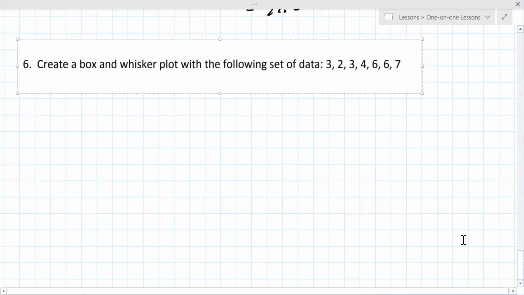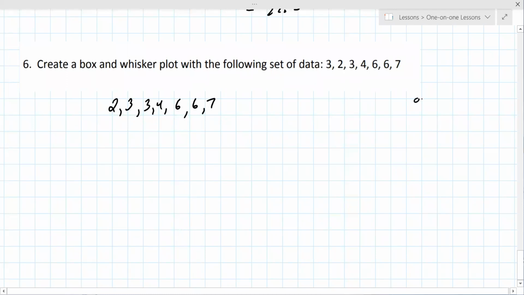So create a box and whisker plot with the following data. The first thing is you have to order the data. We can do that really quick here: 2, 3, 3, 4, 6, 6, and 7. That's seven numbers. Since there's an odd number of numbers, where is the median? 4.